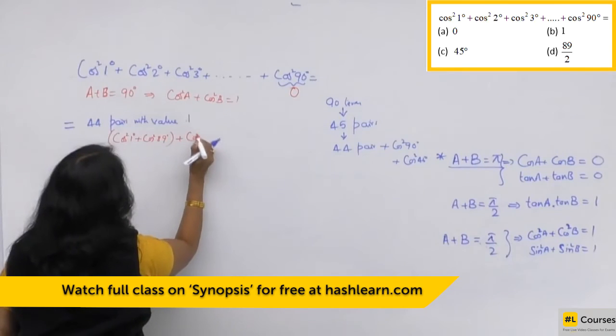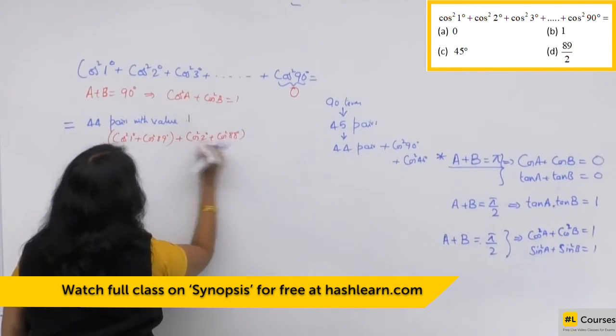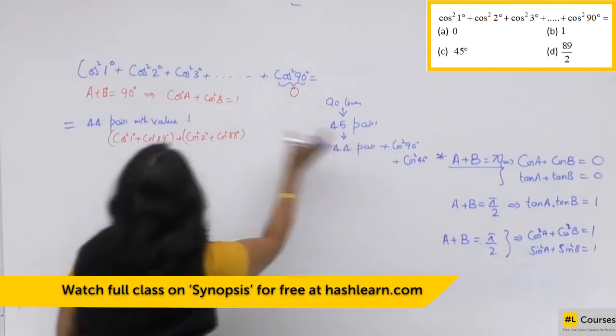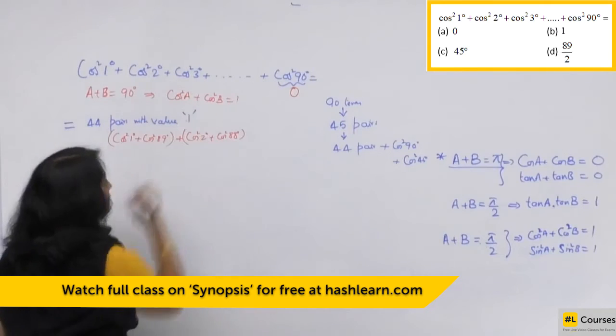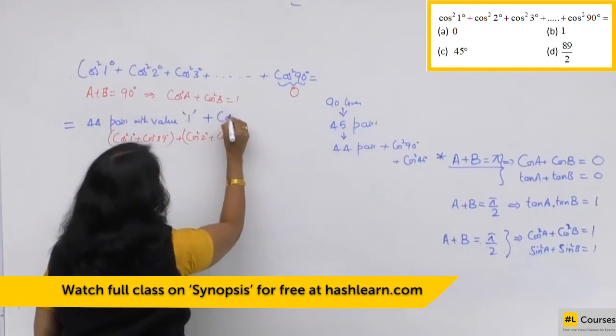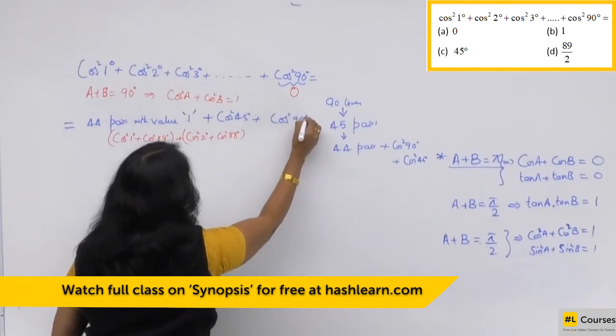Next I can say cos square 2 degree plus cos square 88 degrees. This was the reason I told you that the pairs I can make are 44 pairs with value 1. And then I have cos square 45 degrees, and then cos square 90 degrees.